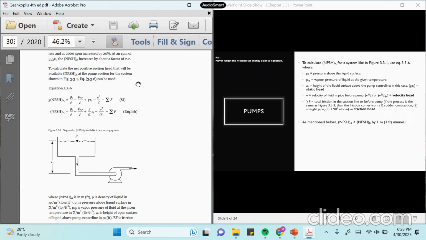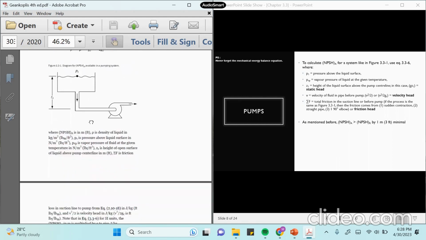Now, if the pump is higher than the tank, Z1 is negative, because the top of the liquid is lower than the pump center line, so it will be minus.